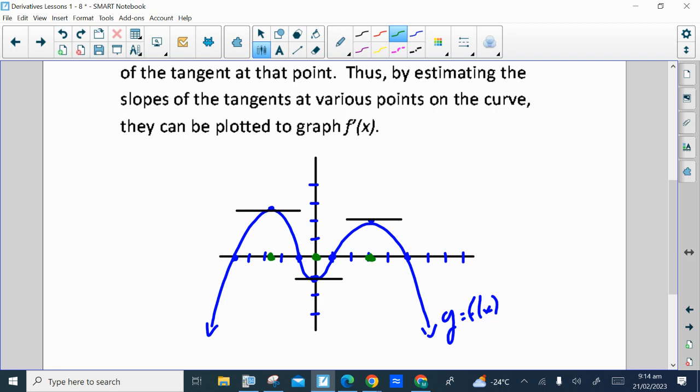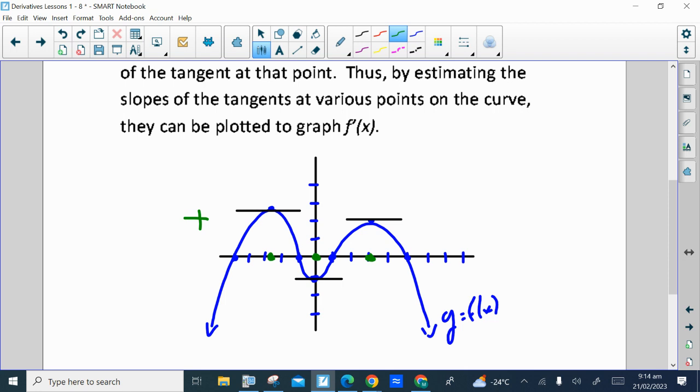So the value of the tangent will be positive, which means that the graph of the derivative will be positive in that interval, or it'll be positive values of y, or above the x-axis.